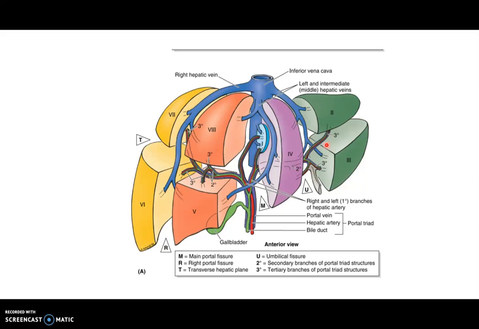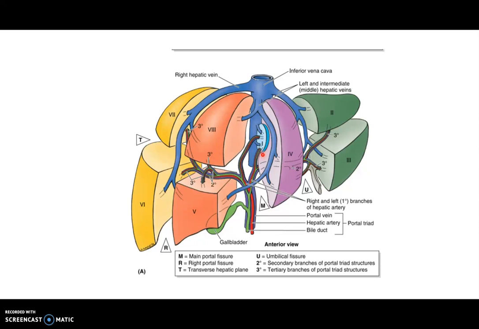As you can see here, the third degree means tertiary, the third branch. Same goes for the venous drainage. All of them are receiving one portal triad as well as one venous drainage. That is for the other segments.